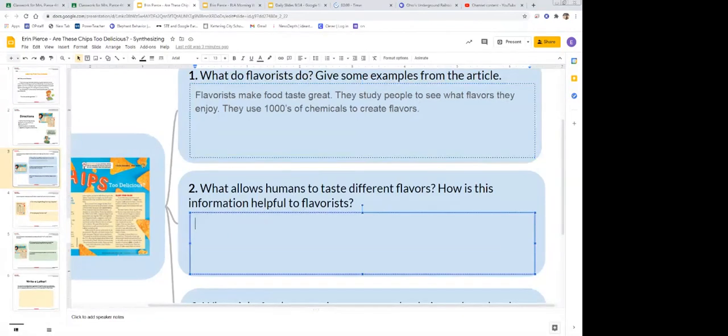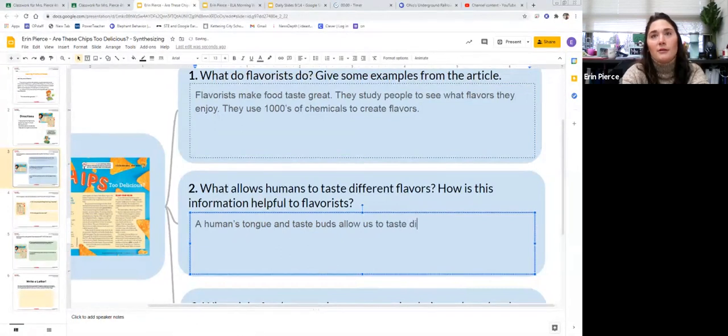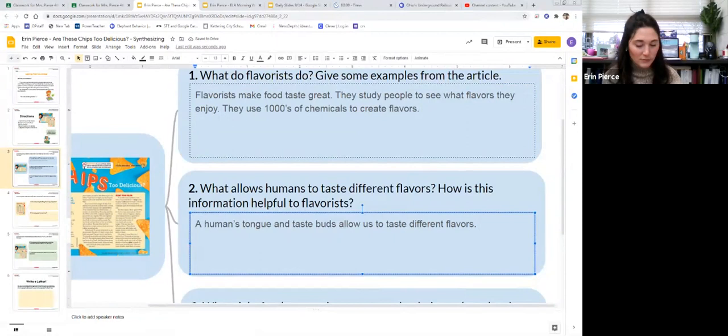Okay. A human's tongue and taste buds allow us to taste different flavors. So that's probably under the section, a slimy pink blob.